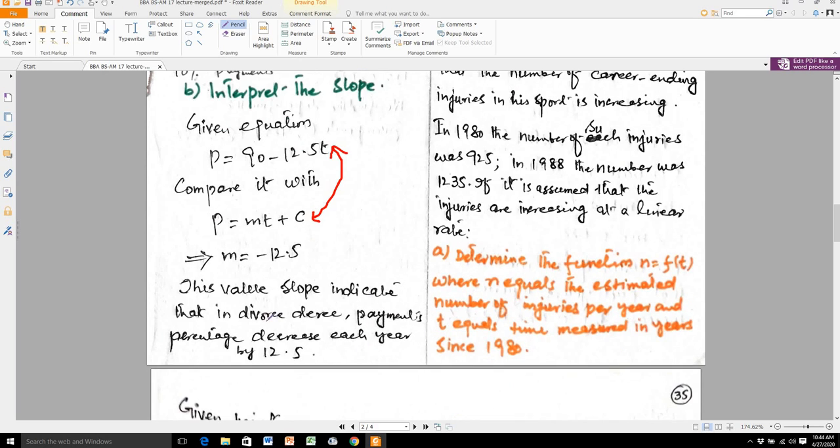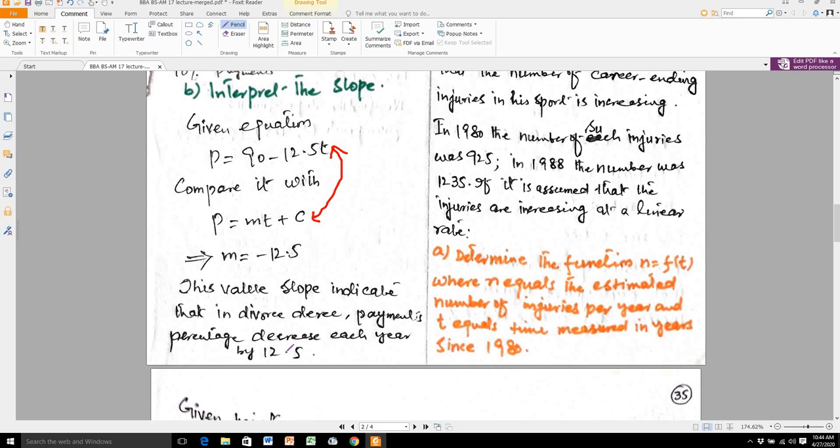This value of slope indicates that the divorce decree payments percentage decreases each year by 12.5.